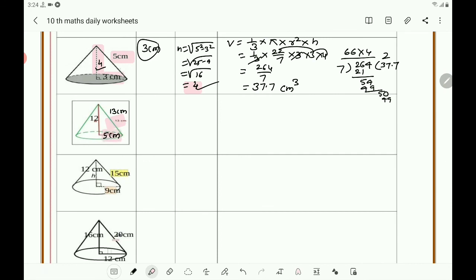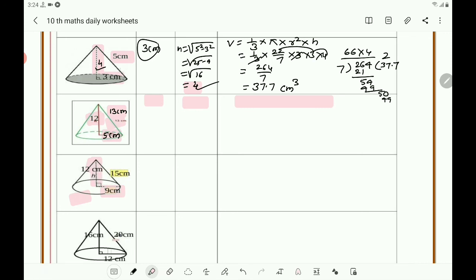Similarly, next one you take, in this cone radius is 5 cm and height also given. So you take 5 cm radius and 12 cm height, not 13. 13 is the slant height. Here to find the volume, height is required, that is h is here 12. So use the formula for the volume and calculate the volume. And in this cone, here radius is 9 and height is 12.